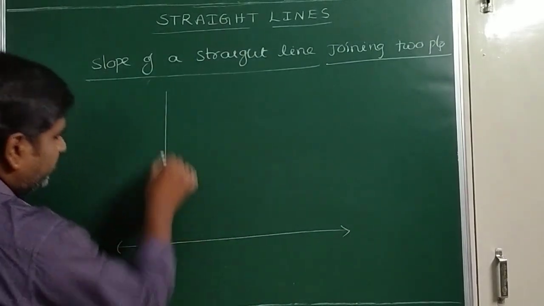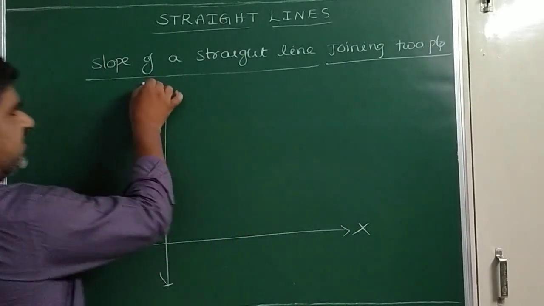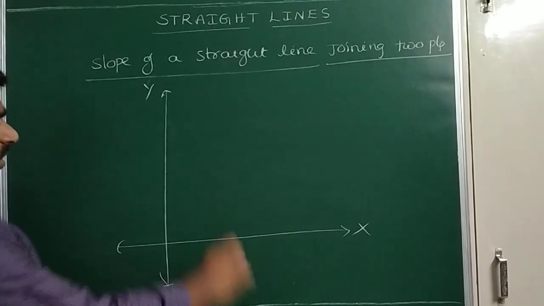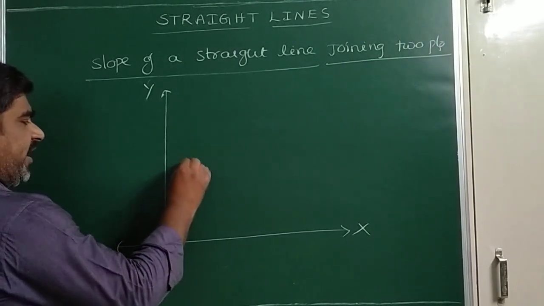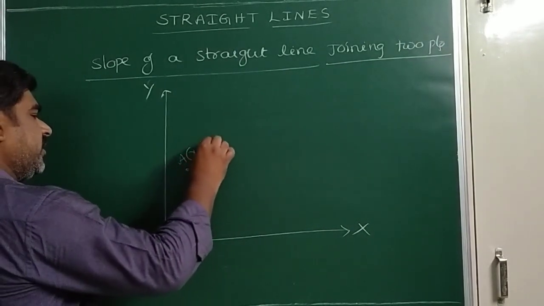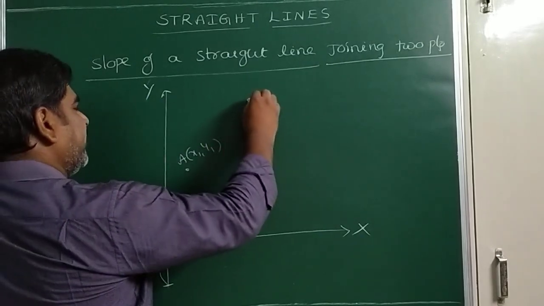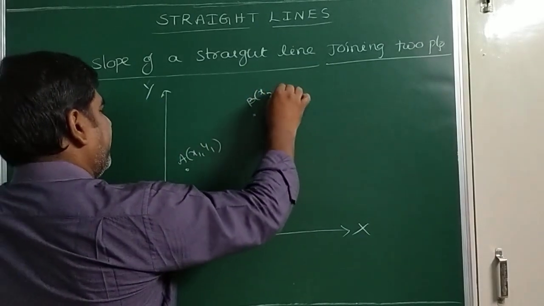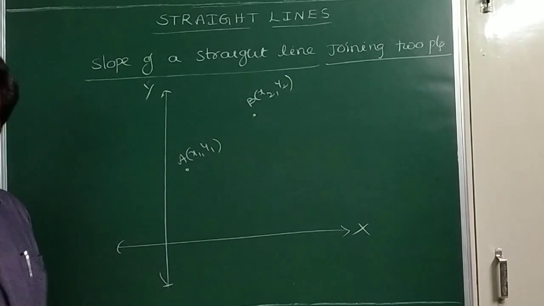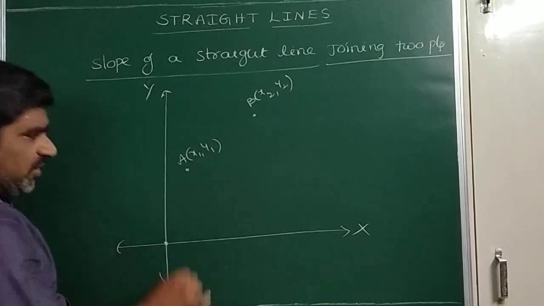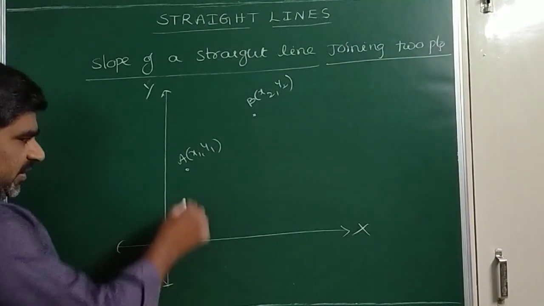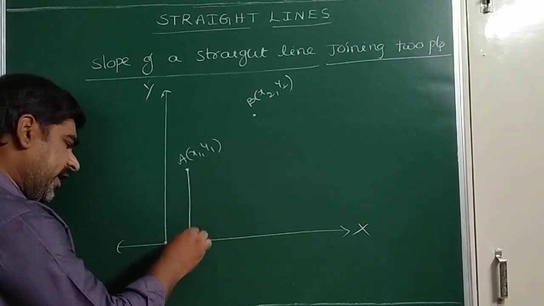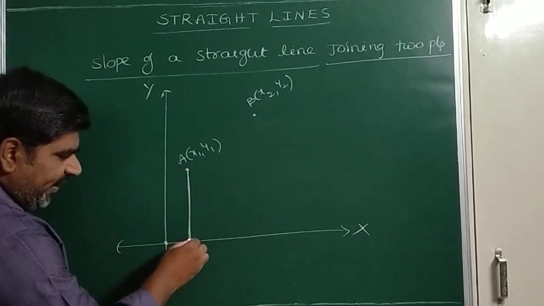Again, I am going to take x-axis and y-axis. Let us say this is the point A, (x1, y1), and I am going to take the point B here, (x2, y2). Now, listen. I am going to draw a perpendicular from A to x-axis.